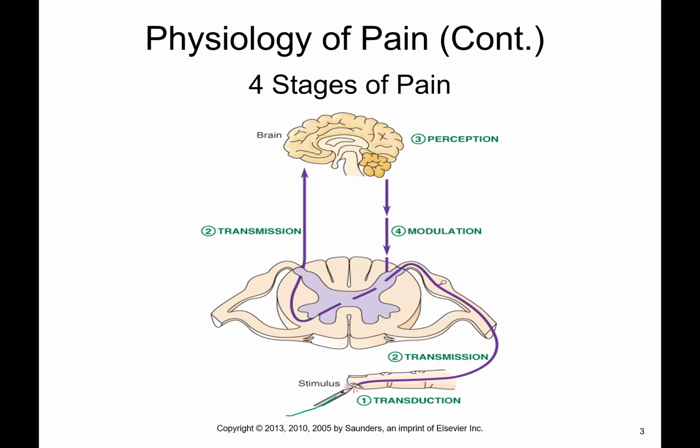So this is showing the incoming information: dorsal nerve root, dorsal horn, crossing over, that's decussation, hitting the ascending fibers, and then sending information to the brain.